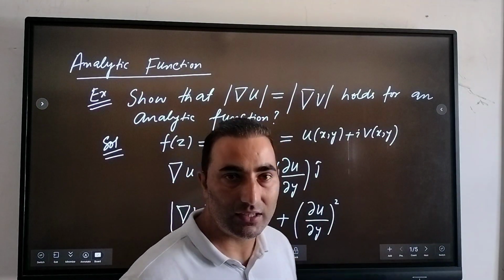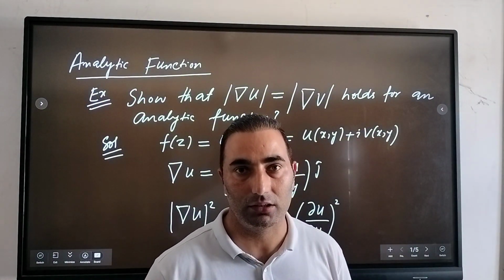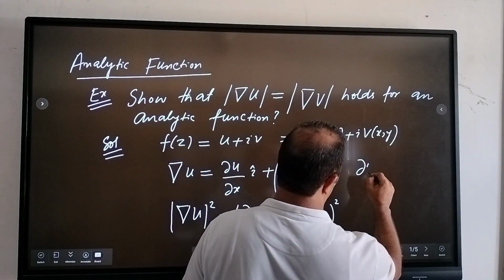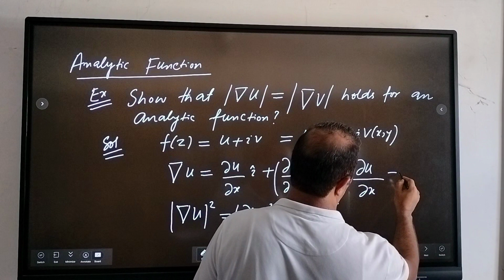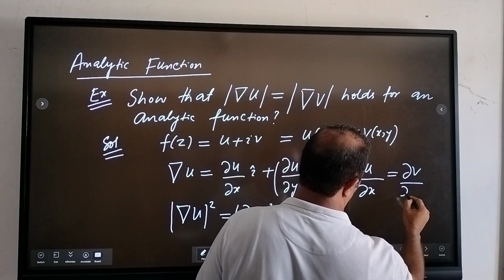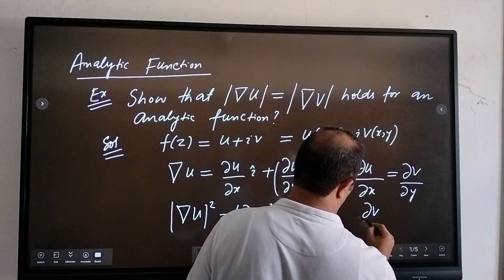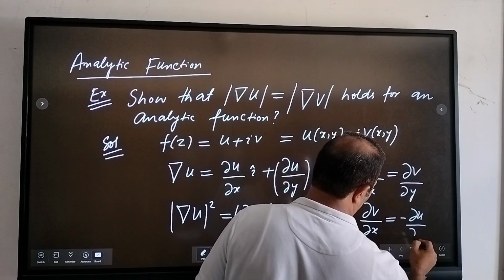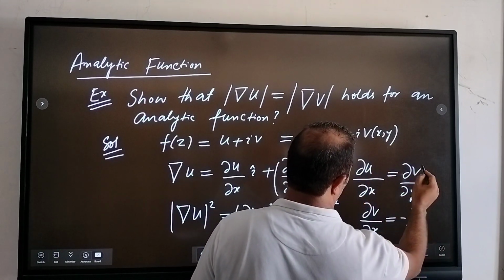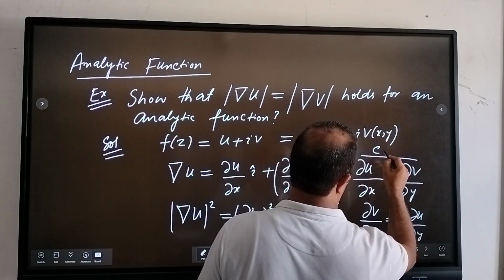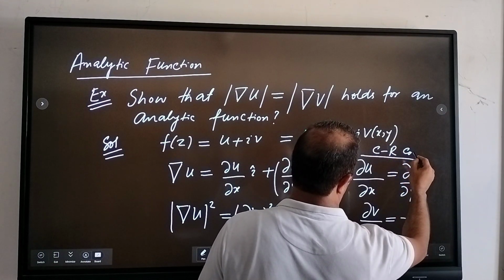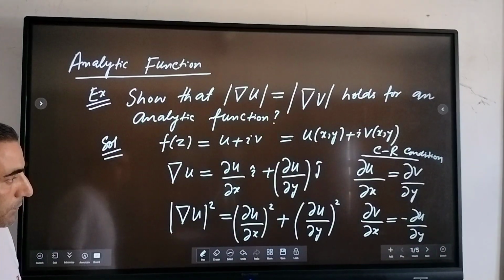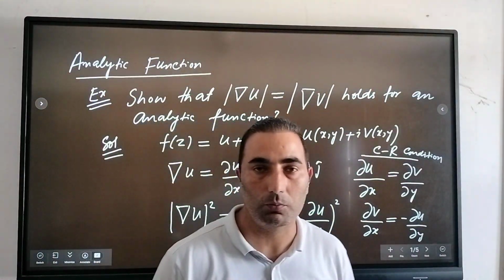Because our function is analytic, so for an analytic function the Cauchy-Riemann condition should be satisfied. These are our CR conditions. So partial u by partial x should be equal to partial v by partial y.